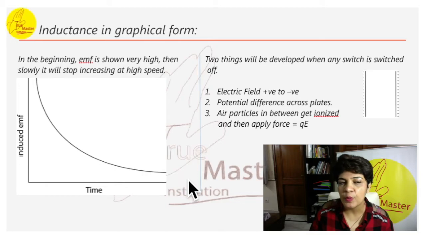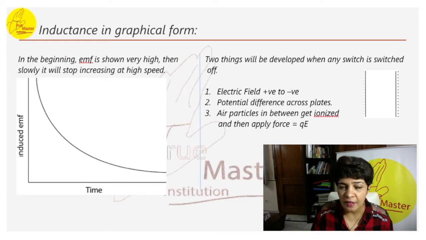Sometimes one question comes up: whenever we have a switch and we turn it off, sometimes, as you can see from the old generation switch, there is a sparkling. Why is that sparkling in between? The sparkling is a phenomenon associated with self-inductance. What happens here is the break of a circuit is very sudden. When the circuit is switched off, a large self-induced EMF is set up in the circuit in the same direction as the original EMF.